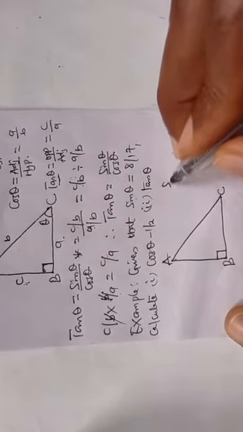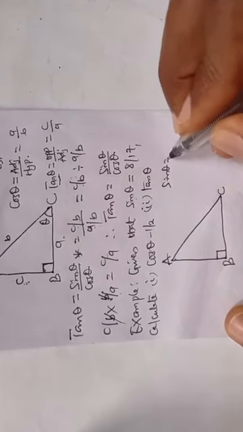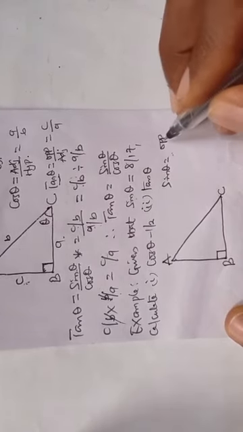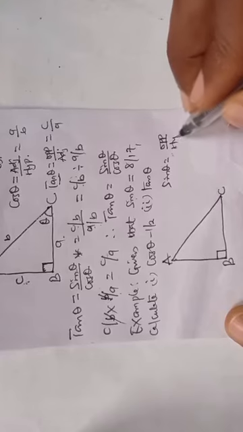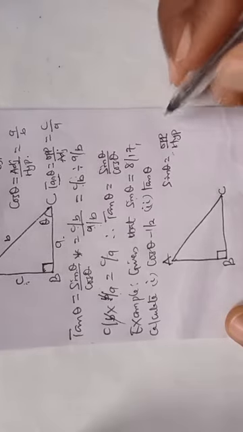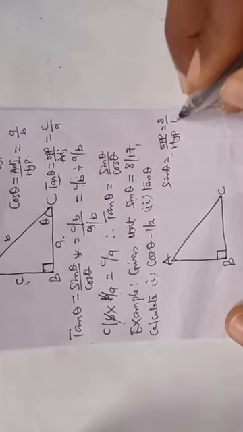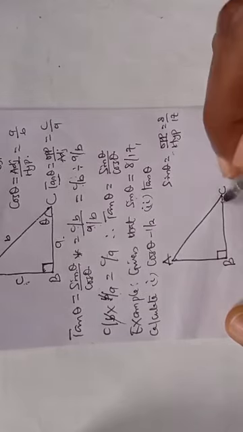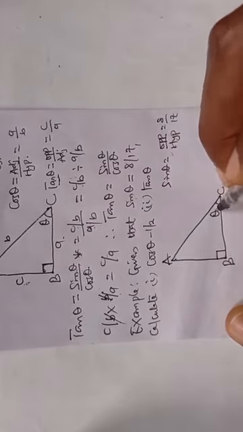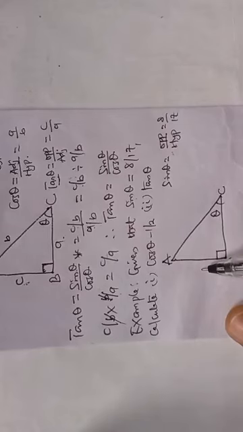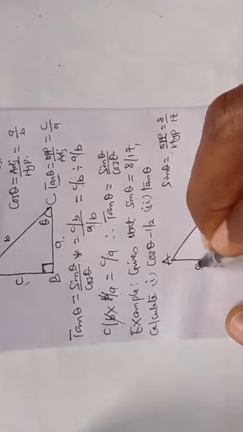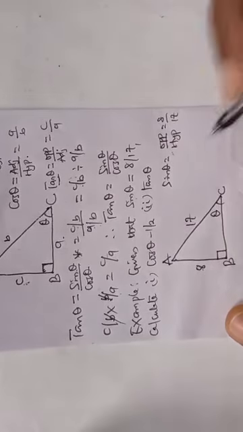Sine theta is equal to opposite over hypotenuse, which is equal to 8 over 17. So if here is my reference angle, here is my opposite, then here is hypotenuse. That means here is 8, here is 17.